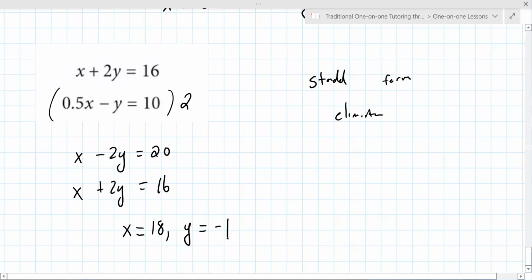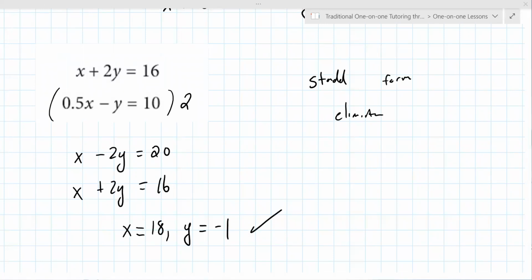You said -1? Yes. Okay, just checking those. Yeah, those both work. Very good. Okay, so you will get some form of a system on your test. In some form, we don't know which.